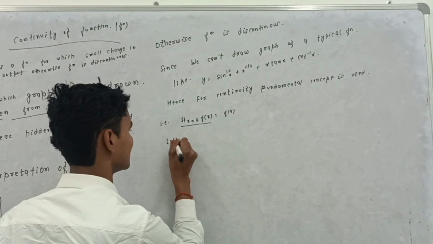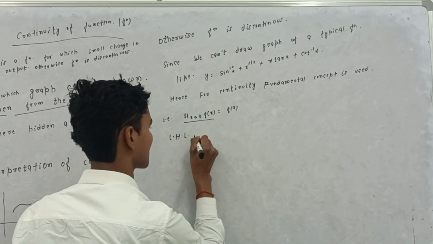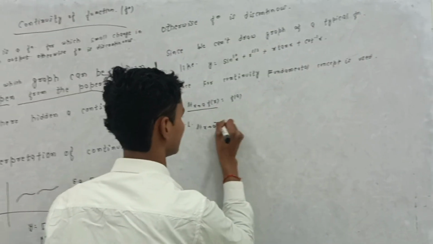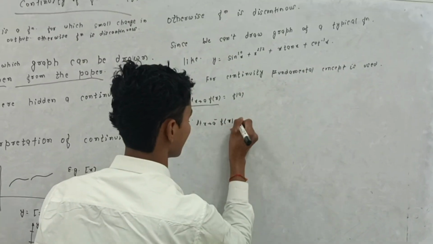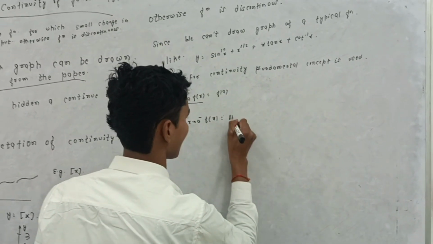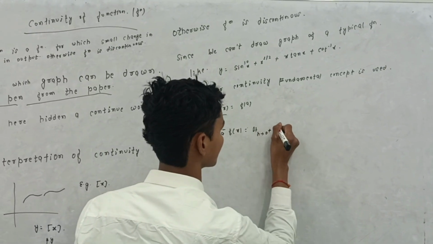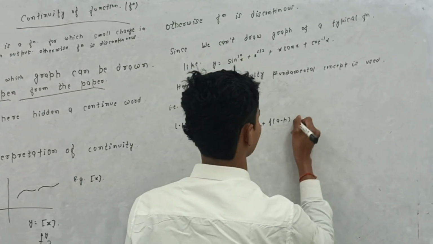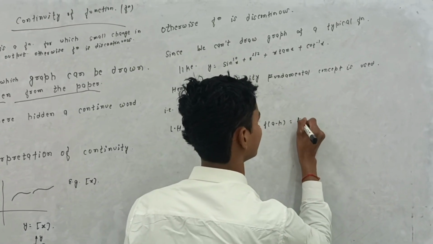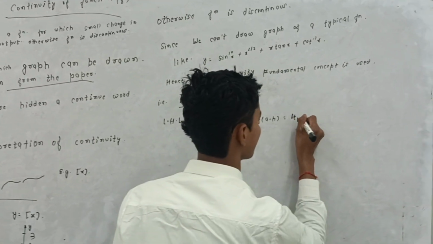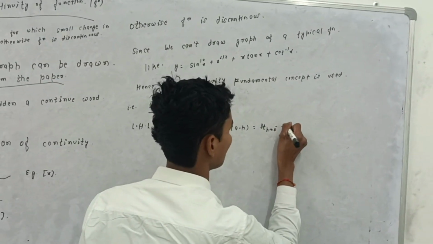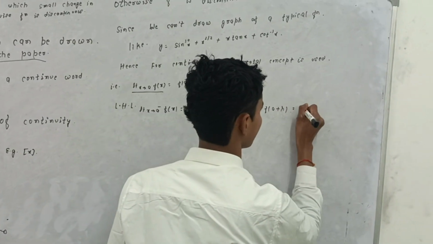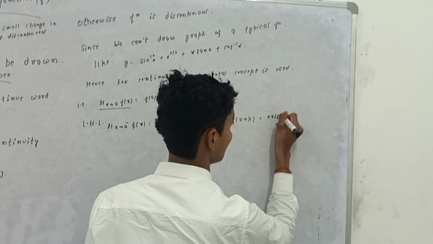Left hand limit: limit x tends to a minus f(x) is equal to limit h tends to 0 plus f(a minus h), which is equal to limit h tends to 0 minus f(a plus h), which exists and is finite.